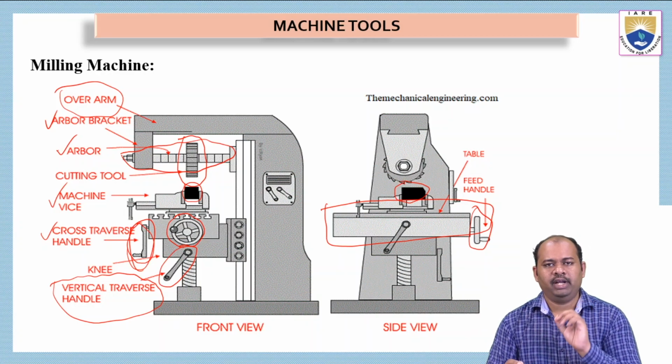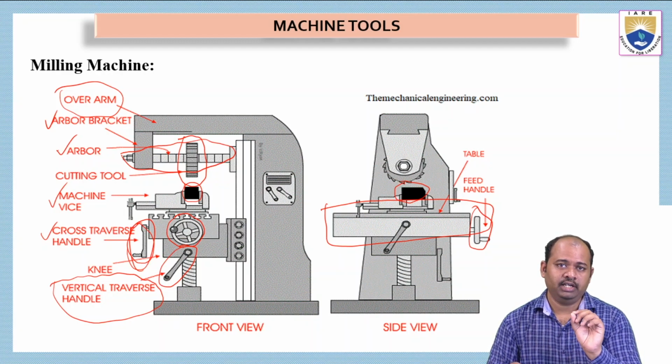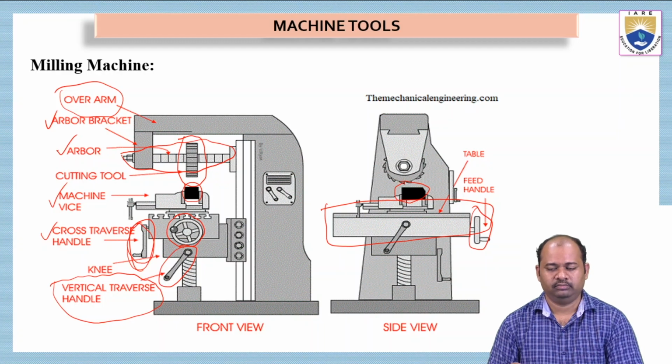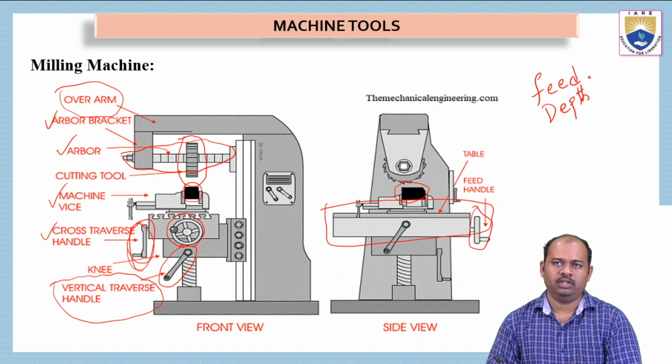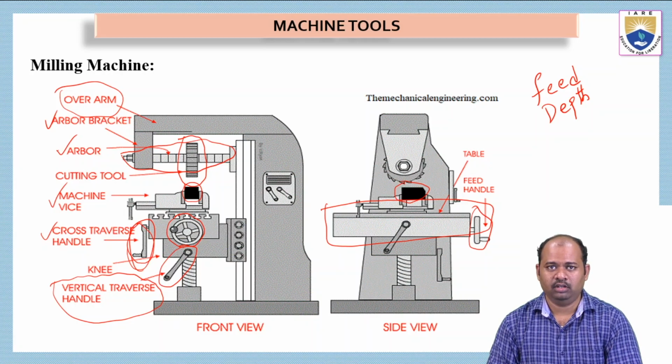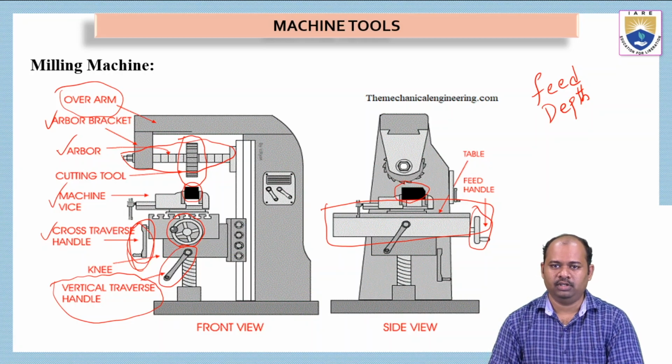So when compared to a lathe machine, this milling machine has 3 directional motions, whereas in a lathe machine, we can give only 2 types of motions: one, feed, and second, depth of cut. These 2 motions are only possible in the case of a lathe machine. But here in the milling machine, we have 3 motions possible.